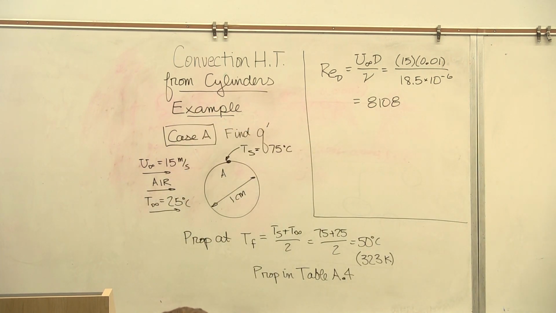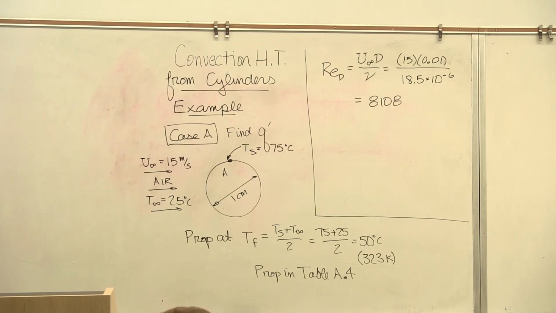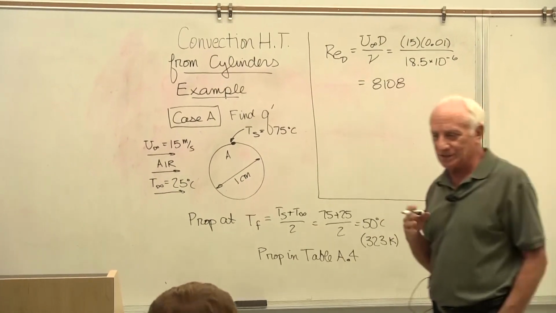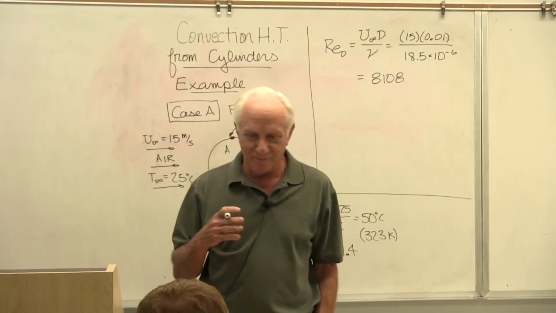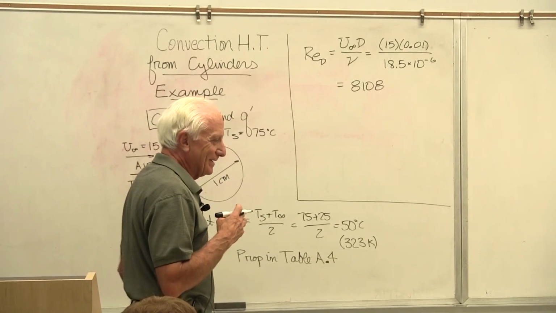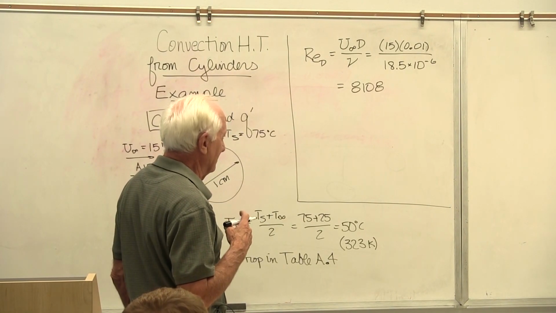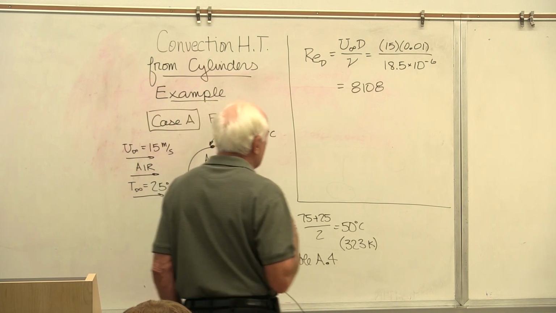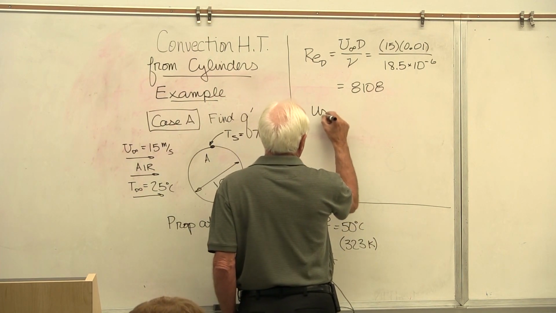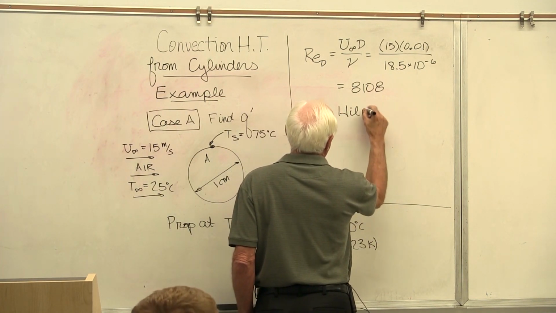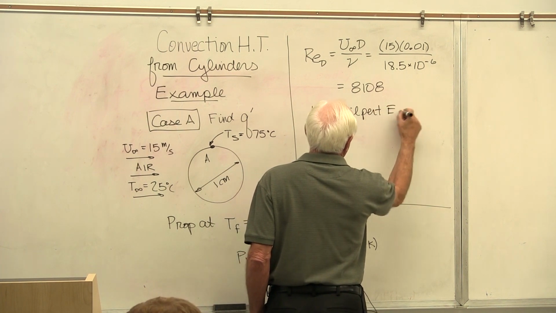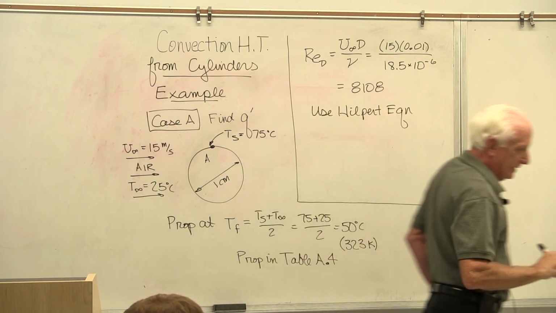Now, we said that there are three possible equations to solve for h: the Hilpert, the Zukauskas, and the Churchill. And we said in this class, for homework and exams, we're going to just use the Hilpert one, the simple one. Even though it's outdated, it's not off by a tremendous amount. We'll use it because we don't need to correct for properties like the Zukauskas does. So we're going to use the Hilpert equation.